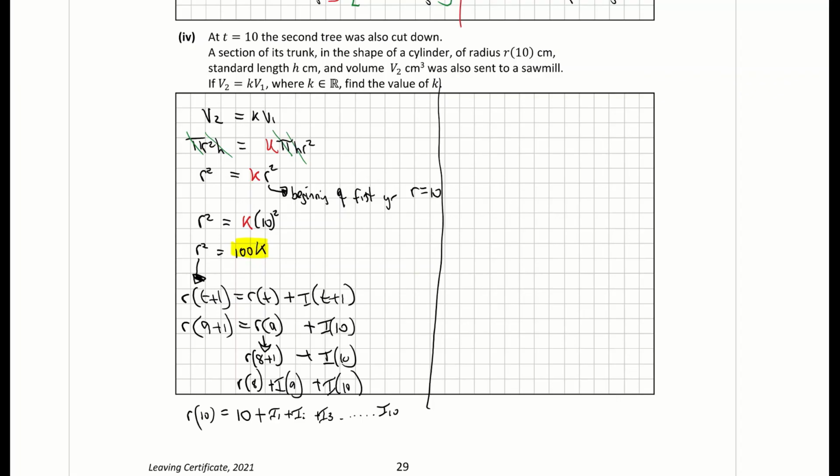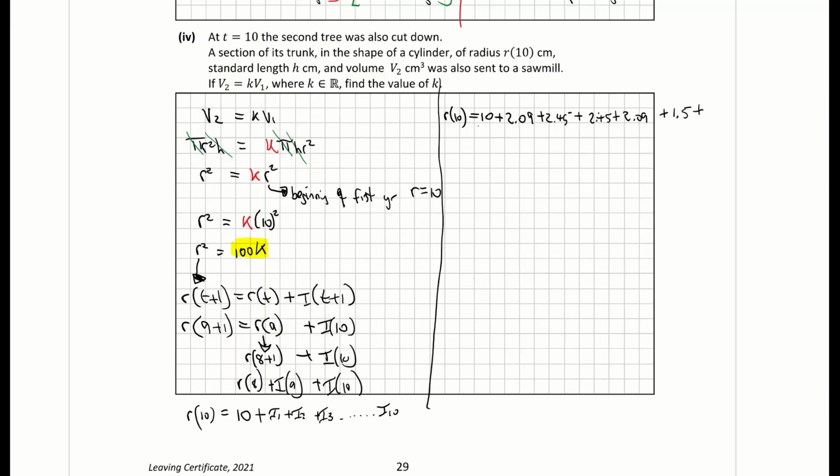So what I'm going to do here is work out i to the 1, i to the 2, i to the 3, i to the 4, and so on up until i to the 9 and i to the 10. Now when I put 1 and so on into my trigonometric formula, I'm going to get, therefore, r to the 10 is equal to my original radius, which is 10. I put in 1 into my trigonometric formula, I get 2.09. I put 2 into it, I get 2.45. I put 3 into it, I also get 2.45. I put 4 into it, I get 2.09. I put 5 in, I get 1.5.